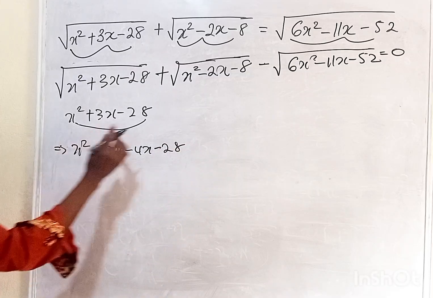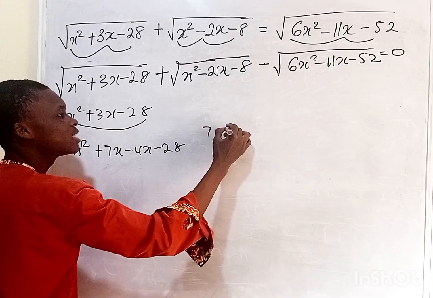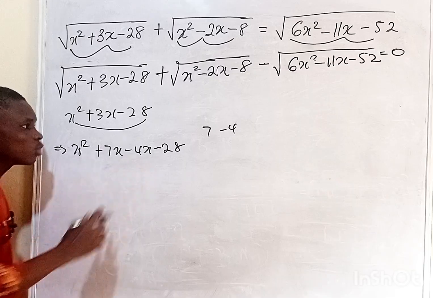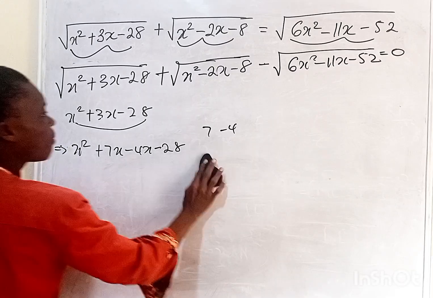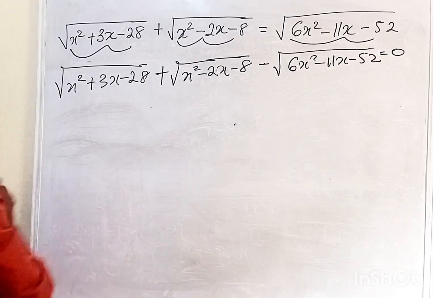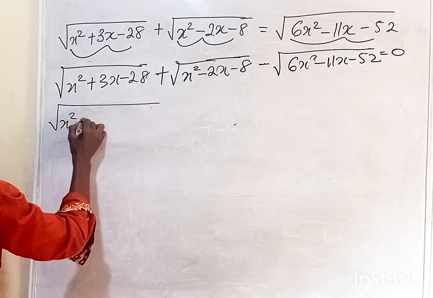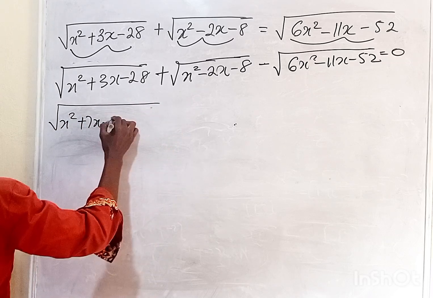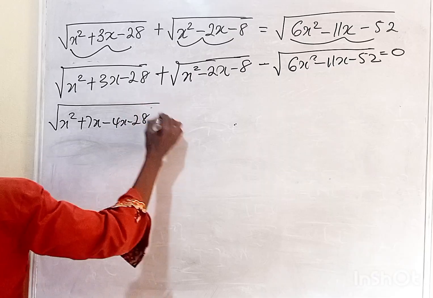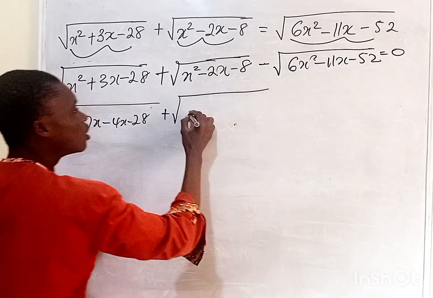The two values, 7 and negative 4, we fix inside there. So from here, we now have the square root of x squared plus 7x minus 4x minus 28, plus the square root of x squared.